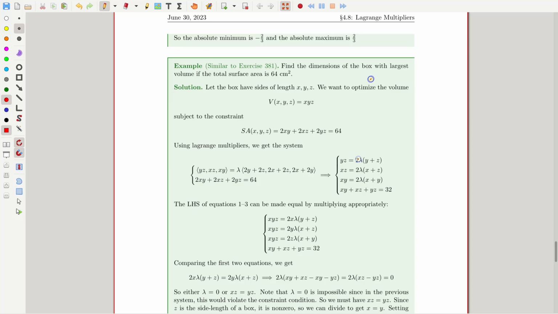Your problem has the box without the top, so you have one less side in your surface area considerations. Okay, so the word problem translates into this mathematical statement that you're maximizing the function v, which is the volume of a box. I'm letting the sides be x, y, and z, so it's just going to be the product of all three variables. And the constraint we have, well, we can write down the expression for surface area.